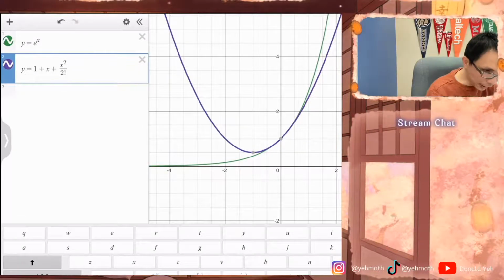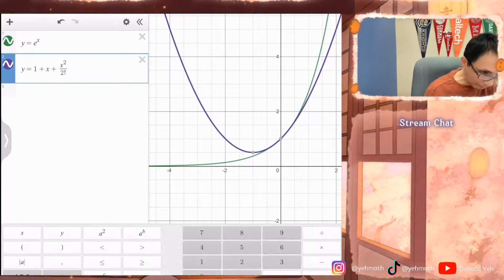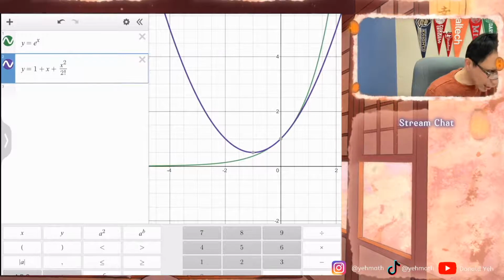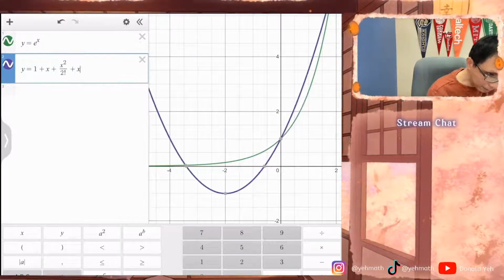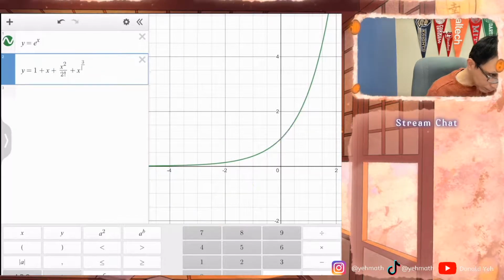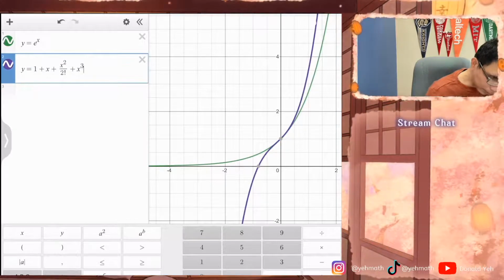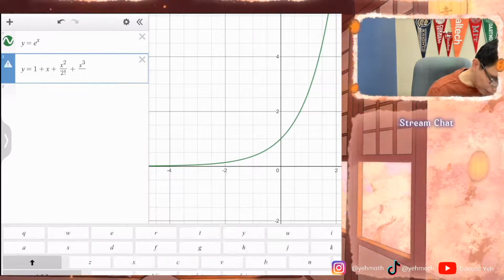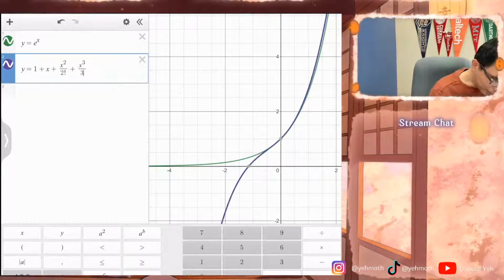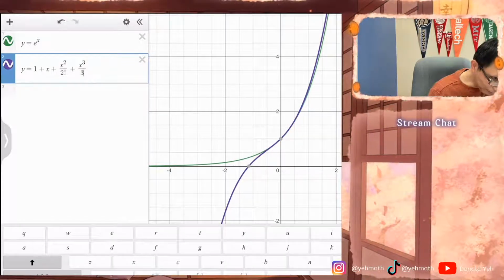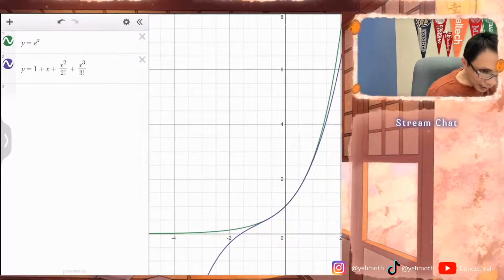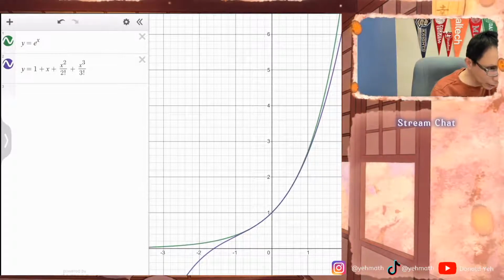Can you guess what the next function is going to be? x cubed over 3 factorial. Good job. And you see that the overlap keeps getting bigger.